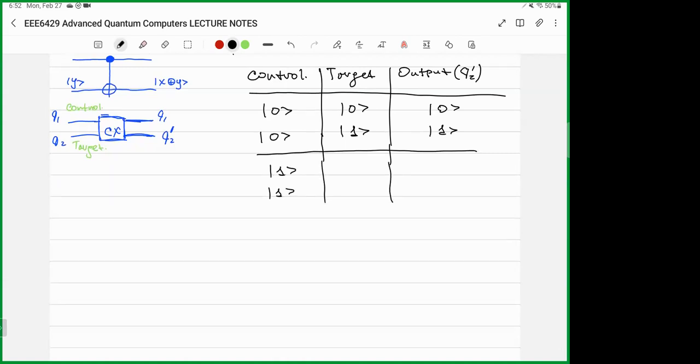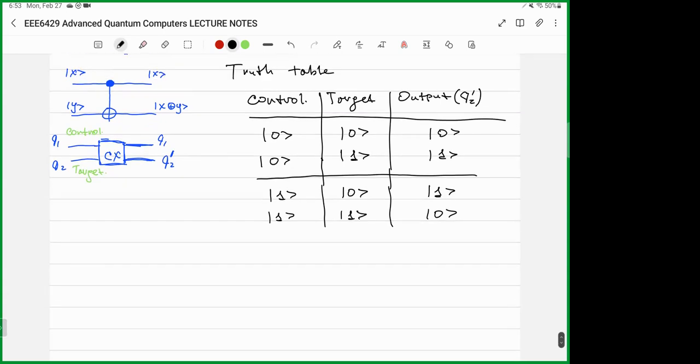the state of the target qubit flips. For example, if my target qubit is in state 0, it flips to state 1, and vice versa. From state 1, it flips to state 0. This is how it works.